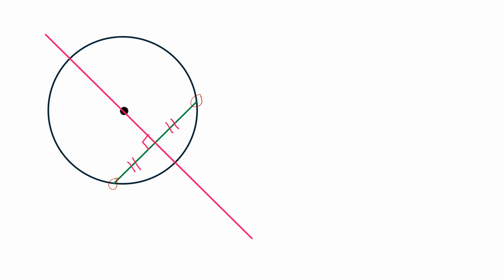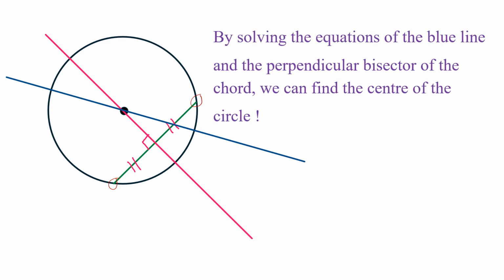This property is very important because usually we will solve the equation of this perpendicular bisector of the chord with another line that passes through the center. When we solve these two equations simultaneously, that will help us to find the center of the circle. So this is a very important concept that is frequently tested. In the next slide, we'll do one question on that.